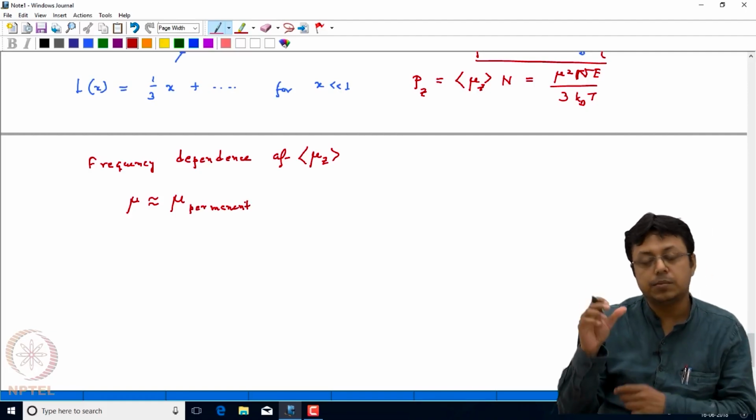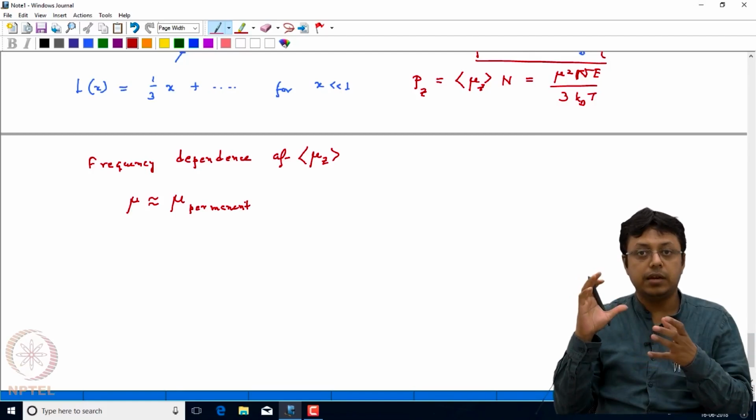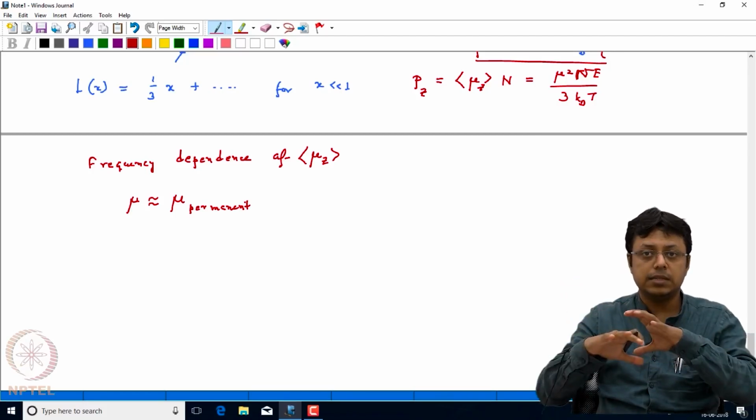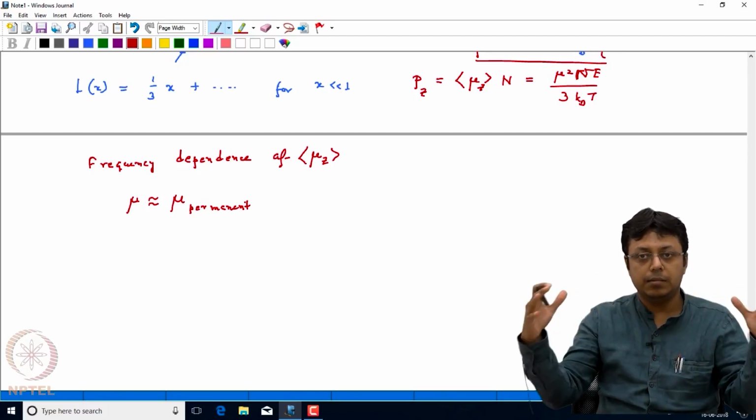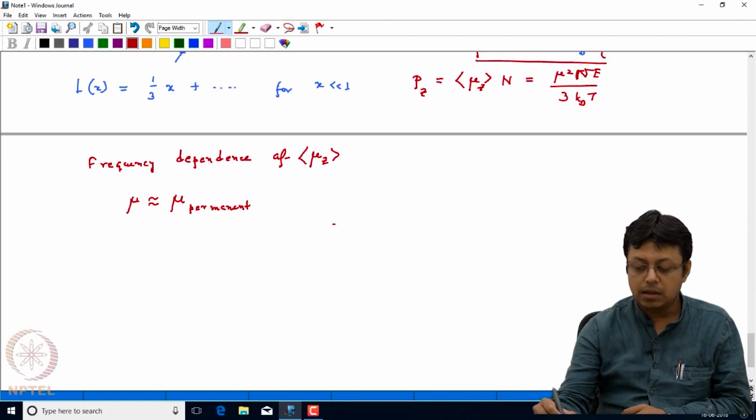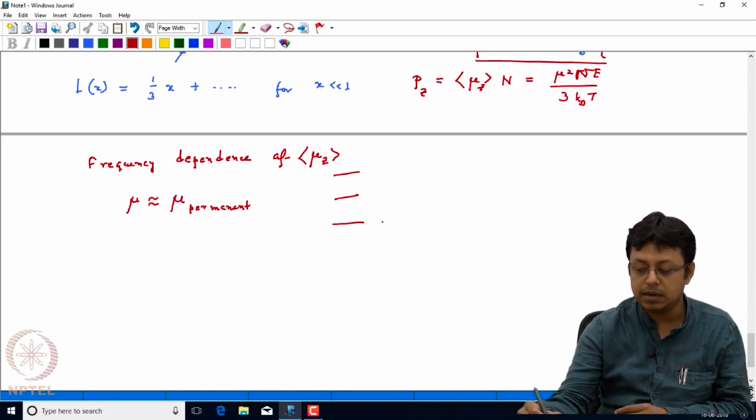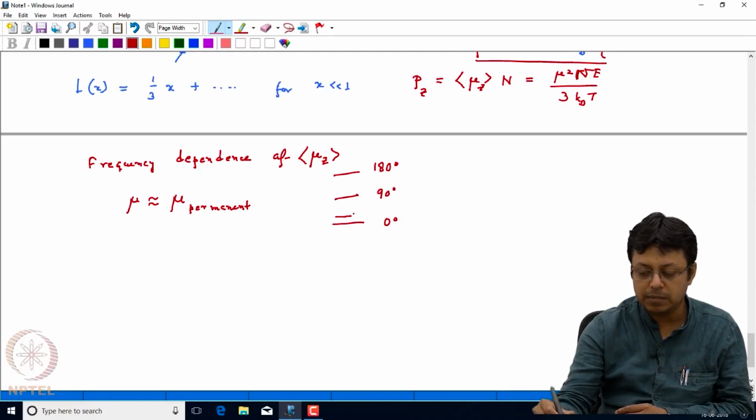These small little dipoles try to orient themselves, and they populate many energy states corresponding to the orientation, where the lowest energy state is the 0 degree orientation, then a 90 degree orientation and a 180 degree orientation, and many such orientations in between.